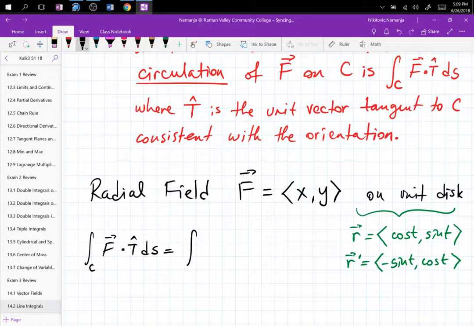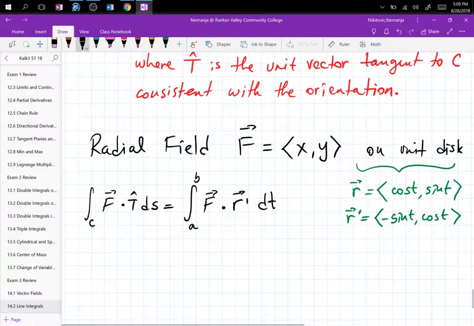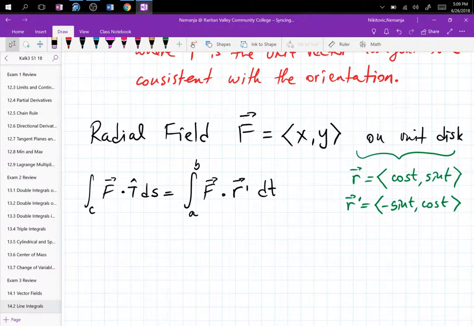So we know that we can write this same integral as the integral from a to b of the vector field dotted with r prime dt. So that's from yesterday. So now what do I have? I have 0 to 2 pi, because to trace the entire circle, t goes from 0 to 2 pi.